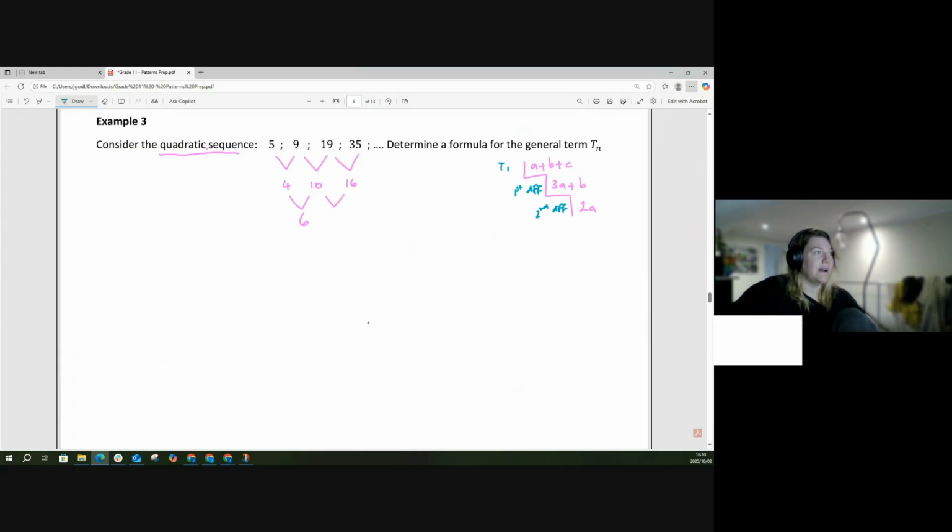So we care about this number, that's term 1. We care about this number, that's my first difference. And we care about this number, it's my second difference. Okay, so using that and using your steps over here, I would like you to find the general term for this equation.